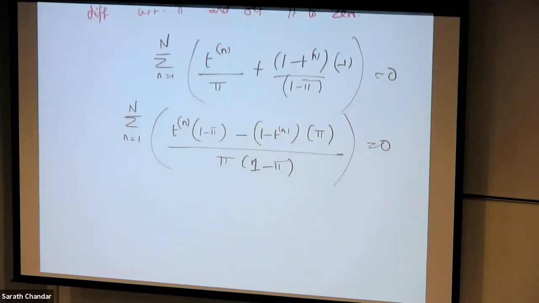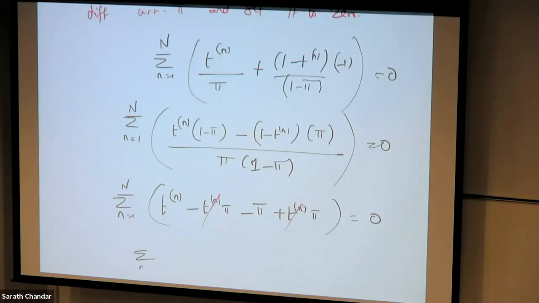Now we are setting it to 0, so the denominator can be moved to the right hand side, so that disappears. So you just have summation over n, t of n minus t of n pi minus pi plus t of n pi is equal to 0, right? So this cancels. So you get summation over n equal to 1 to capital N, t of n minus pi is equal to 0.